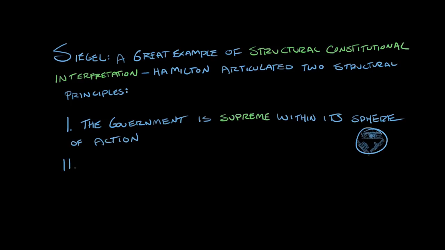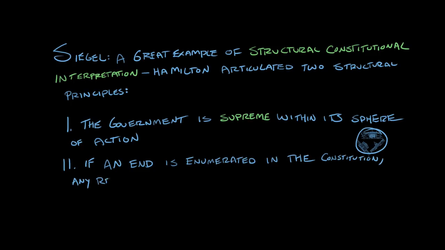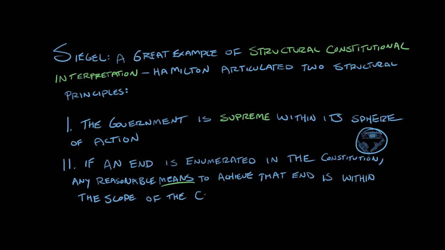And second, if some kind of end is within federal power, is listed in the Constitution, then any convenient or useful means to accomplishing that end is also within the scope. And so Marshall decides that, drawing inferences from his understanding of the theory and structure of government created by the Constitution. And only after he does that does he then turn to the Necessary and Proper Clause to confirm what he has already deduced through what he calls general reasoning.